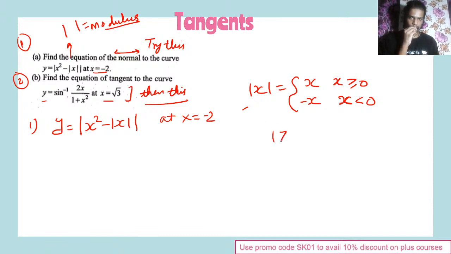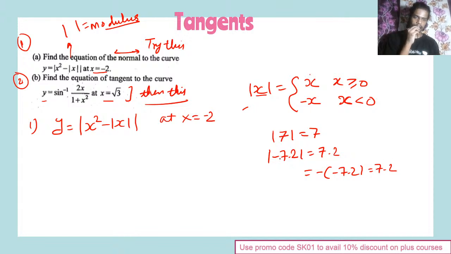For example, if you put 7 here, you will get 7. If you put minus 7.2, you will get plus 7.2. So if it is positive already, you get the same as the answer. But if whatever is inside is negative, it becomes positive by applying another negative sign. So if it is minus 7.2, you will get minus of minus 7.2, which is plus 7.2. So in order to make a negative positive, you add another negative sign.